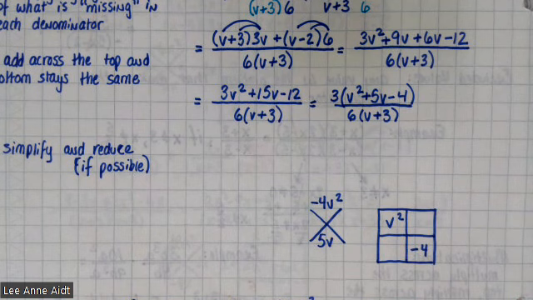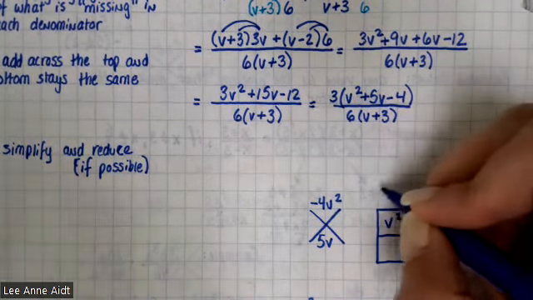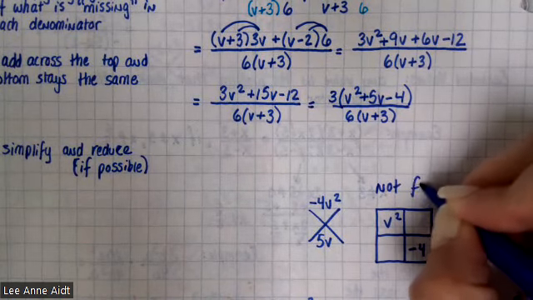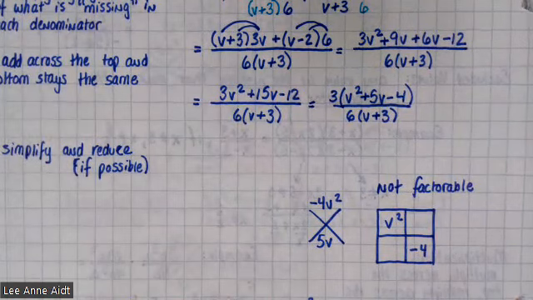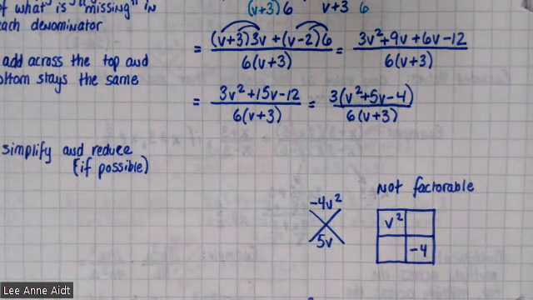What multiplies to be -4 and adds to be 5? No. Nope. It's a trick question. It doesn't work. Okay, this is not factorable. I wanted to throw one of those in there because that happens sometimes.